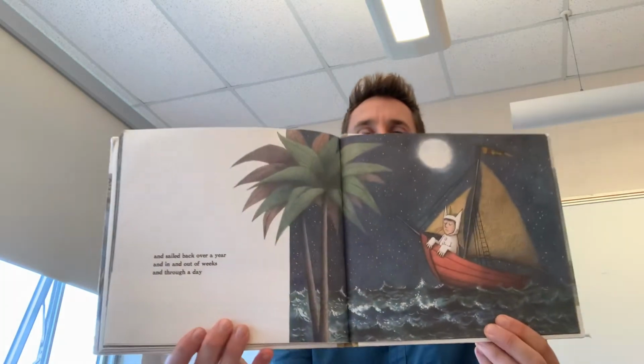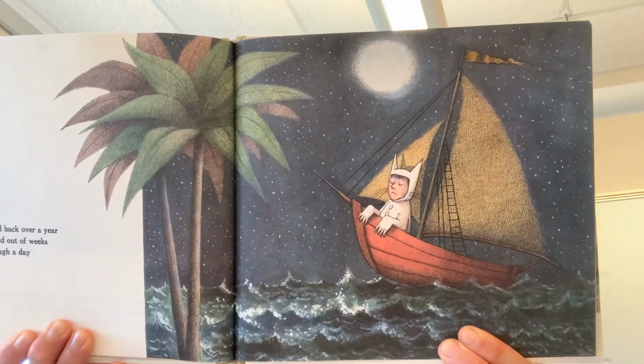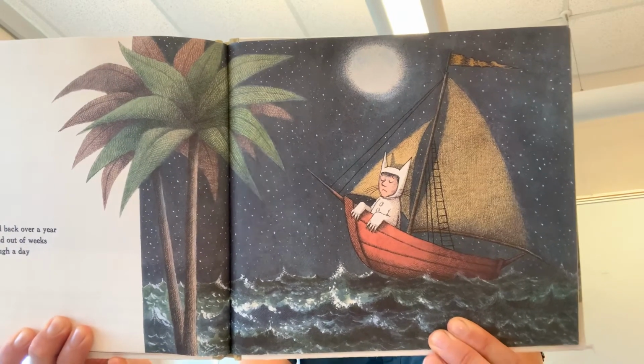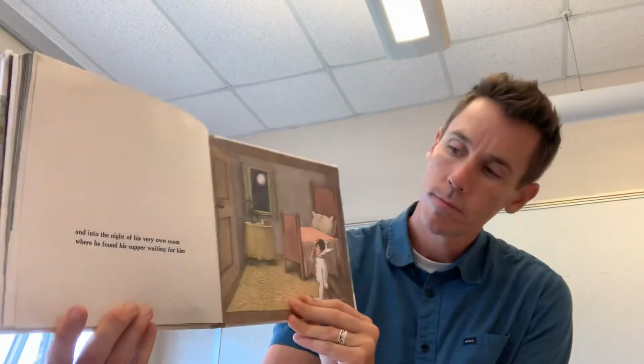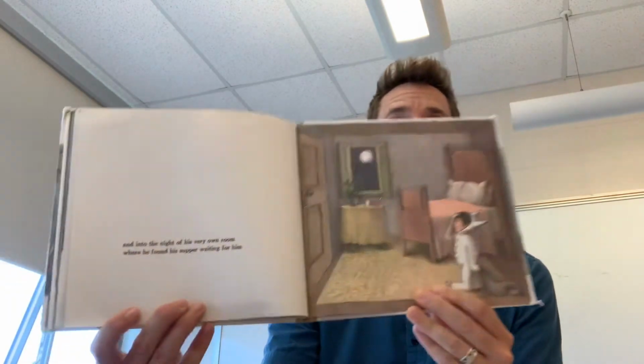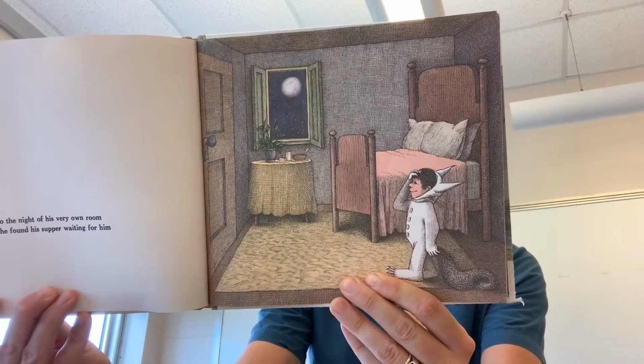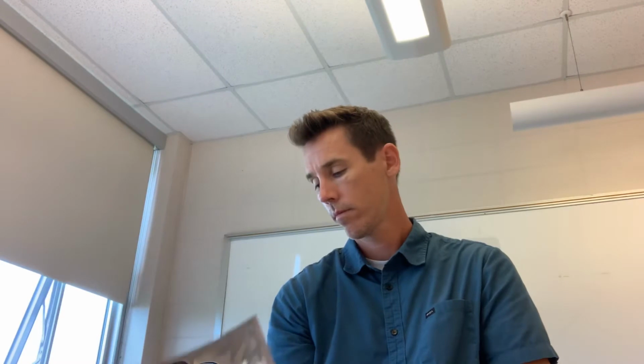And sailed back over a year and in and out of weeks and through a day. And into the night of his very own room, where he found his supper waiting for him. And it was still hot.